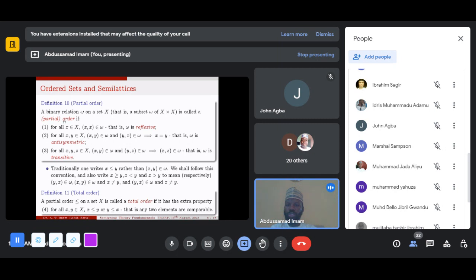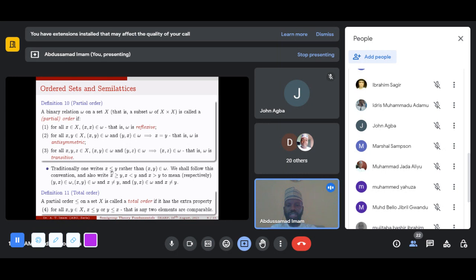Most of the time, we just say order relation. We drop the term partial. But we will see why we have to say partial order in a moment. Traditionally, one writes x less than or equal to y for a partial order relation rather than saying (x, y) belongs to omega. Instead of saying x and y are omega related, we just say x is less than or equal to y.